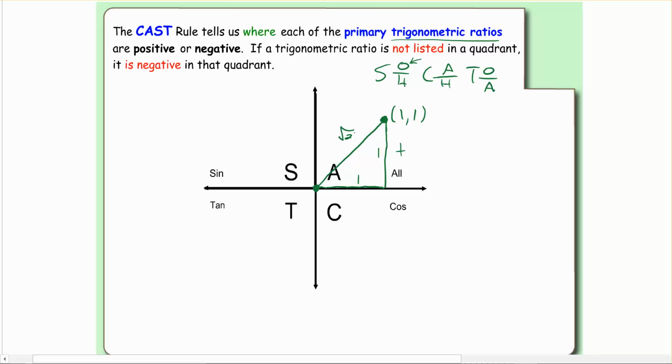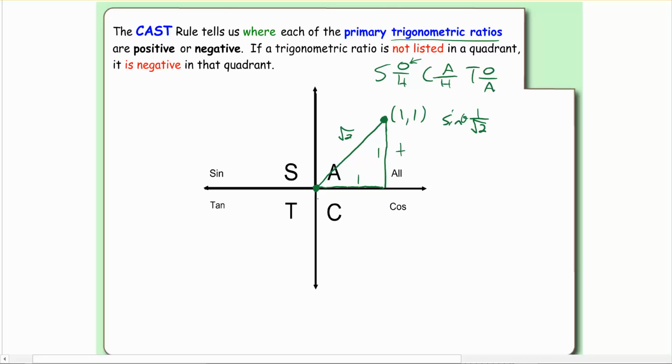If I want to figure out the sine ratio there, sine theta, opposite is 1 and hypotenuse is root 2, and it's going to be positive, right? No matter what I have here, this is going to be positive.